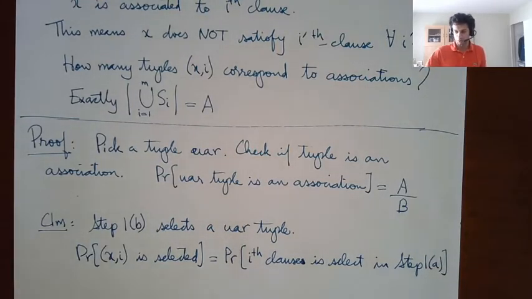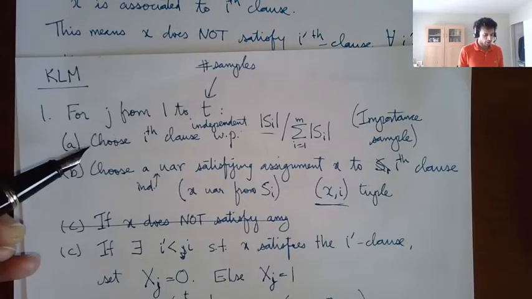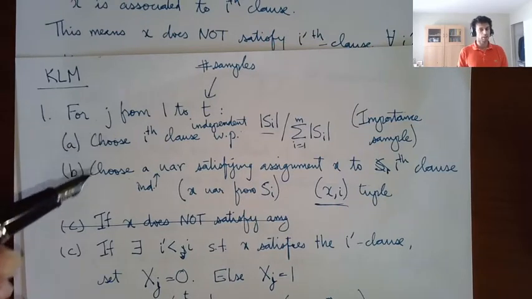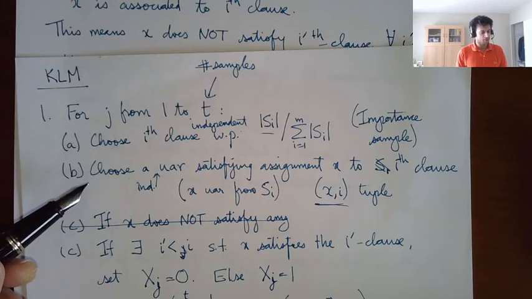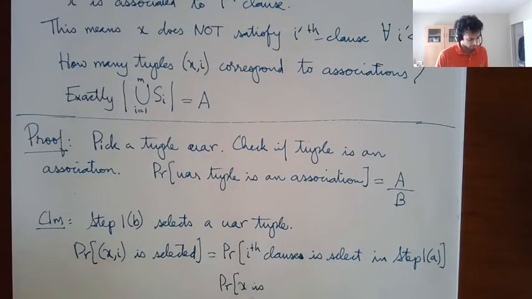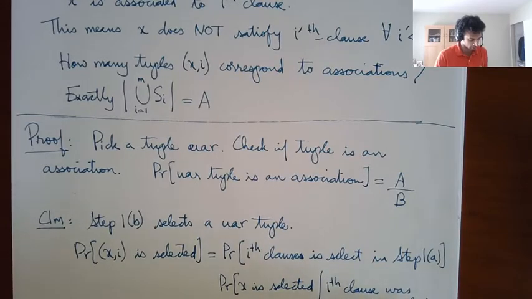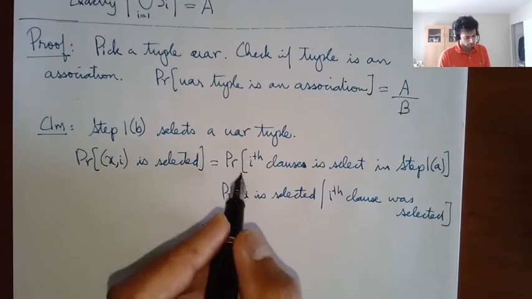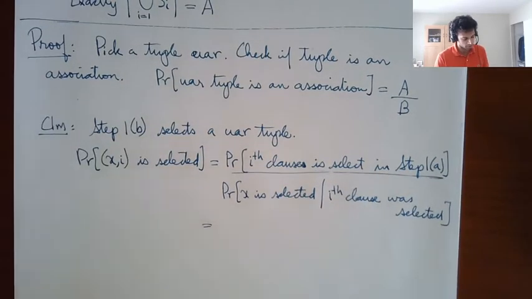And then once you select the ith clause, you have to select x, so times the probability that x is selected conditioned on the ith clause being selected.